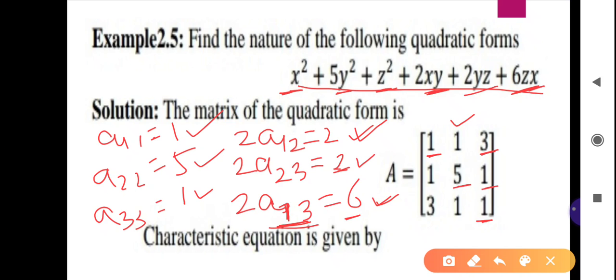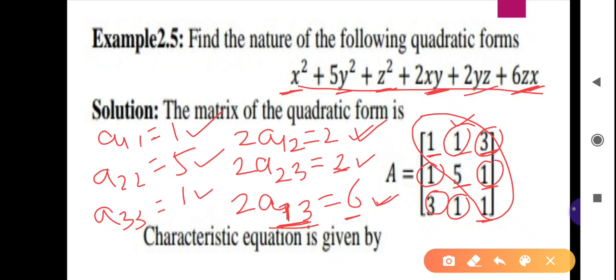So, we will get the upper triangular matrix, and we know that the matrix A is a symmetric matrix. So, write down this 1 here, this 3 here, and this 1 here. So, we will get the whole matrix of the quadratic form.